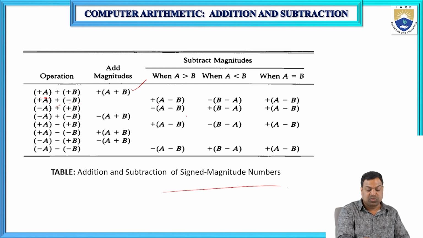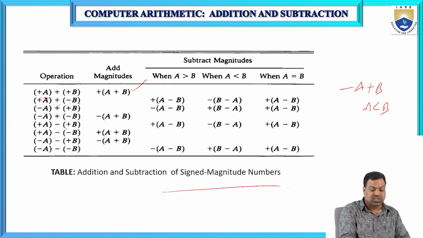It is minus A, plus into plus: minus A plus B. So minus A plus B means what will happen? Which condition does it belong to? We have to go plus A minus into plus: plus A minus B, and it is minus A minus B, minus of A plus B. Is it correct?